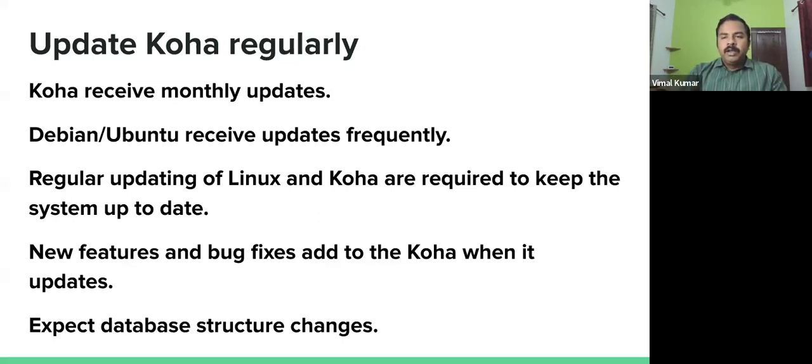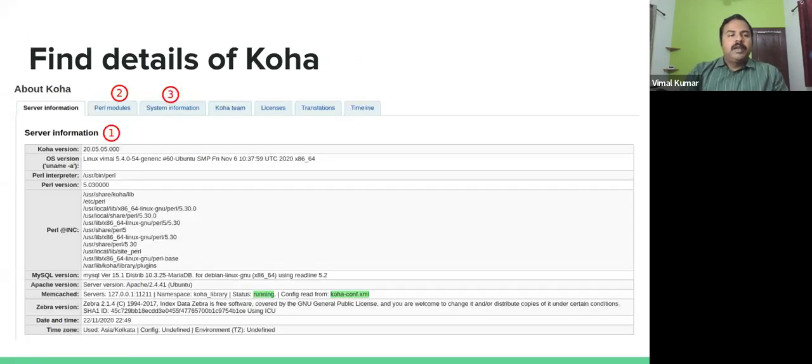Only then do we get new features and error fixes of the previous version. Many Koha users don't know what version of Koha they are running. If they click on the About Koha page, we can see the version of Koha.